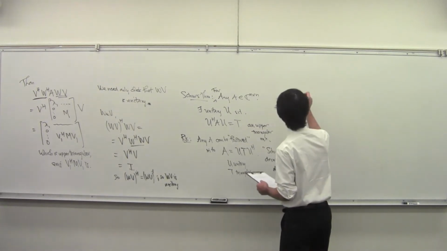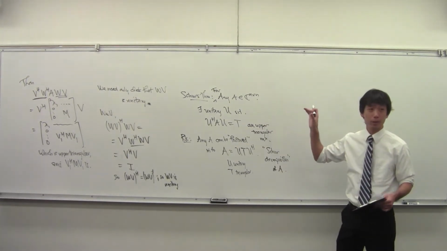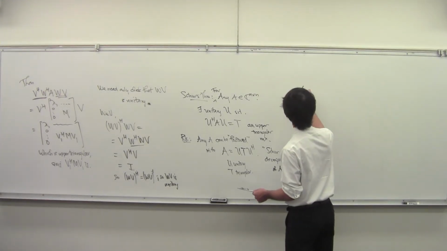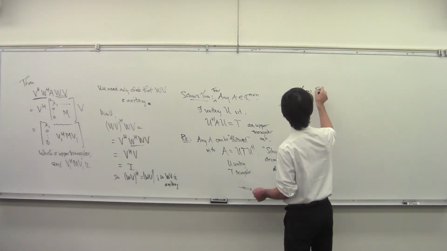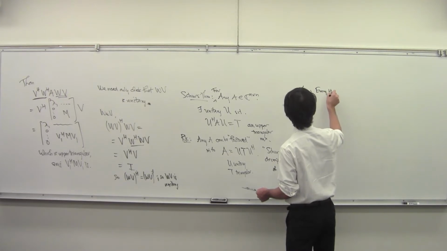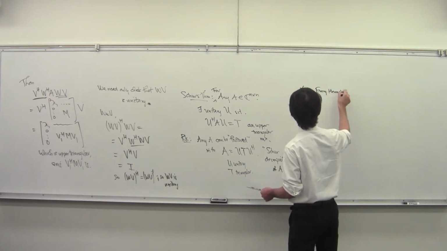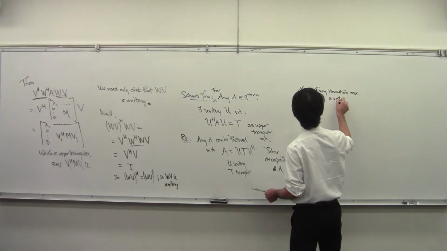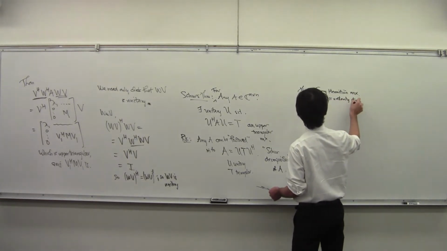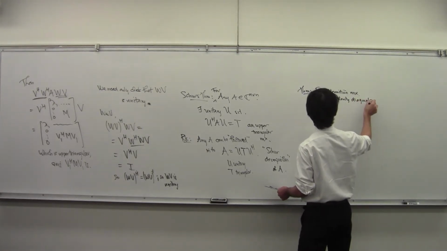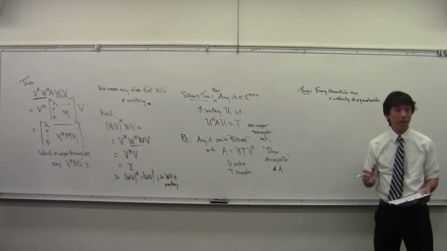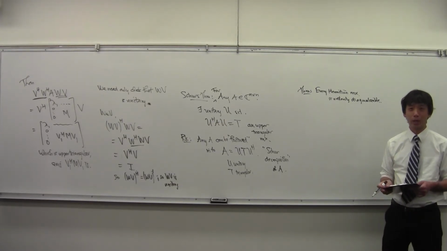Okay, so now we're going to use Schur's theorem to prove the spectral theorem. Recall the spectral theorem: every Hermitian matrix is unitarily diagonalizable. We've just seen that every matrix is unitarily upper triangularizable.